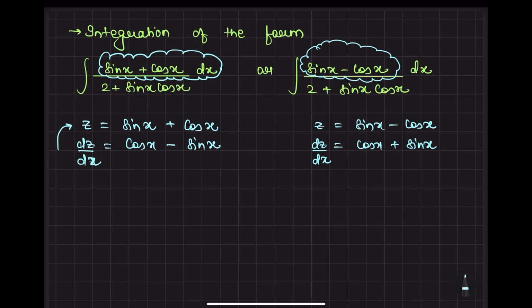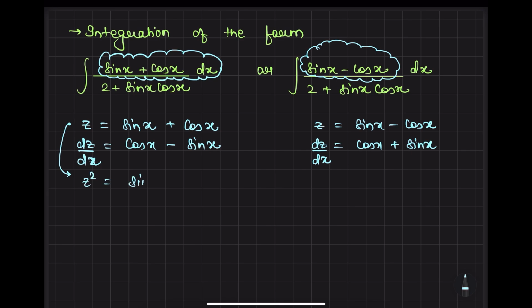Now what we will do with this replacement, how we will replace sin and cos? Suppose that you have taken this thing as z. So you have to make sine and cos together. What we will do? We will do squaring both sides.